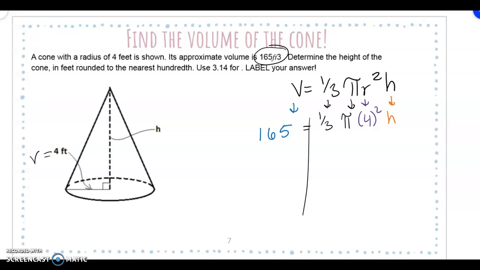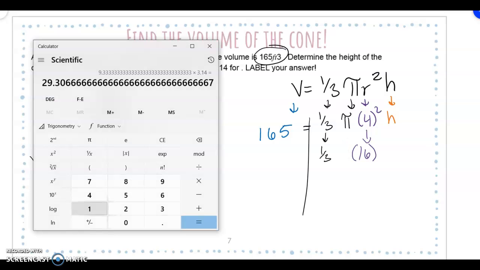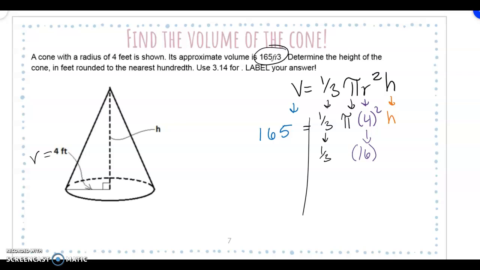Just like a couple step equation, 4 squared is going to give me 16. I need to combine that with the 1/3. So I'm going to combine 16 by 3, and I'm going to get 5.333. I'm actually going to leave it as an improper fraction.